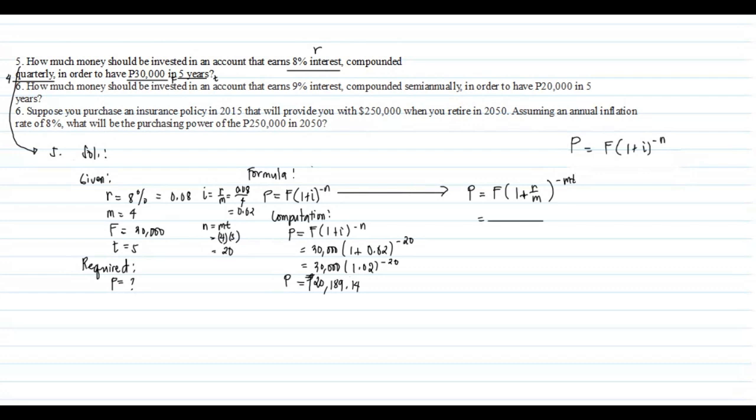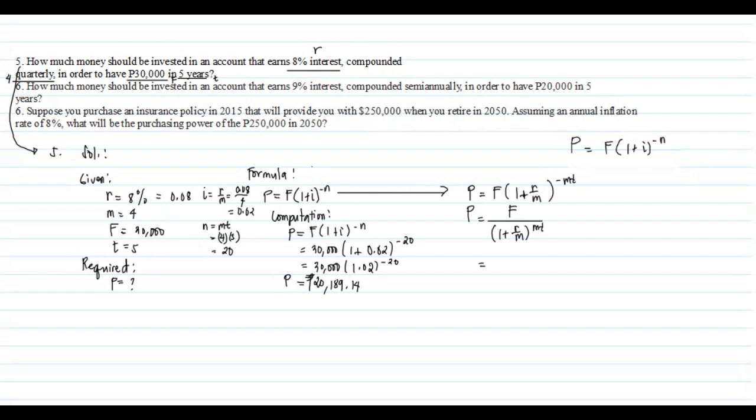So, go-boost natin here para maging positive here. Kasi that's one of the things that we could do when we are transforming expressions using law of exponents. So, it would be F divided by 1 plus R over M raised to MT.